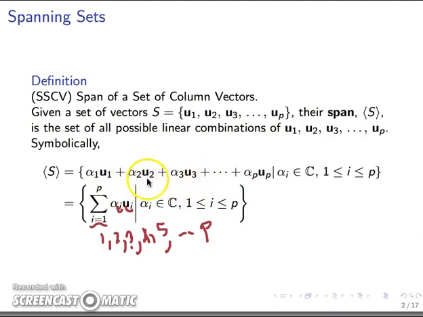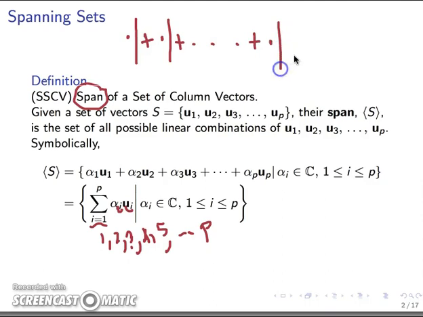By reading the description of the so-called span, on the first description there, you have alpha 1 u1 added to alpha 2 u2, etc. There are p terms in this sum. Remember, each of those is a linear combination, so each looks like a scalar multiplying a column, a scalar multiplying a column, and so on, until there are p of such scalar multiplications.